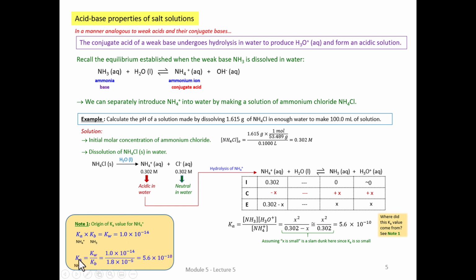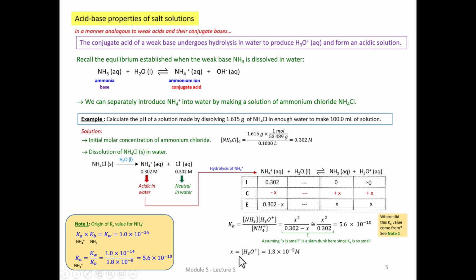If we solve for the Ka, that means we take the Kw and divide by the Kb, and we can look up the Kb in a table because we can find the Kb of ammonia. So we can calculate the Ka of the ammonium ion even though we can't look it up in a table.